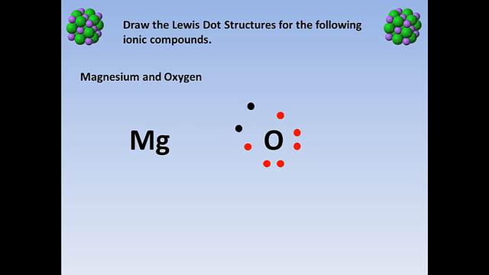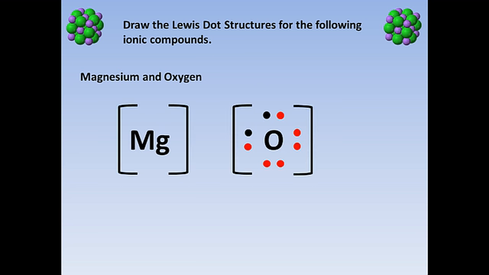Magnesium is the metal, so it will donate electrons to oxygen. Notice that oxygen needs 2 electrons to complete its octet. Conveniently, magnesium has 2 to donate, and it will donate both of them to the oxygen. The magnesium atom has no more valence electrons to donate, and the oxygen atom has a full octet.